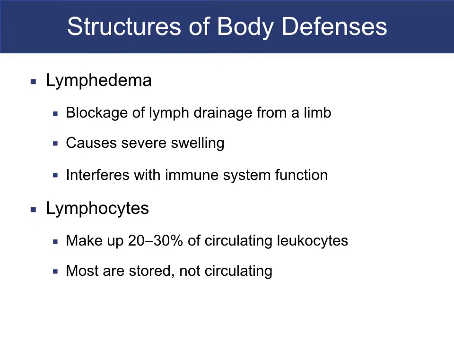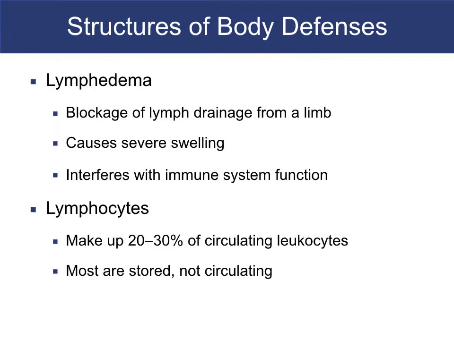So that's what lymphedema is. I think I have some examples later of people with really big swollen legs from this problem. Lymphocytes make up about 20 to 30% of the circulating leukocytes, the white cells. So in the differential of the white cell count, remember, normally it's 20 to 30% lymphocytes.